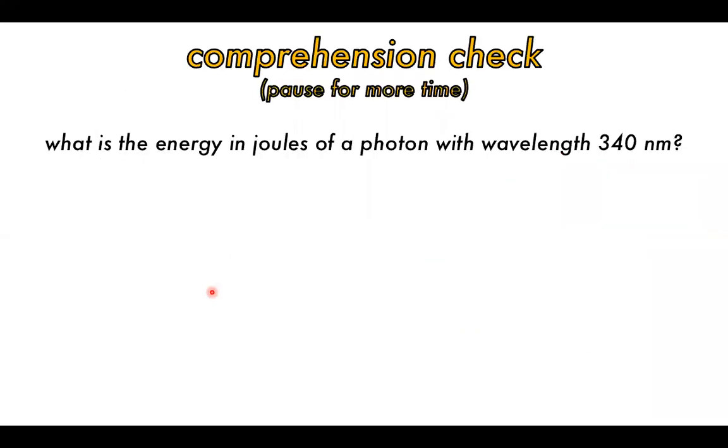Okay, so this is the end of part 1 on waves, so let's check our comprehension. We're asked, what is the energy in joules of a photon with wavelength 340 nanometers? Remember earlier we had a particular point where we learned how energy could be calculated from a property of the wave. Pause for more time if you need it.